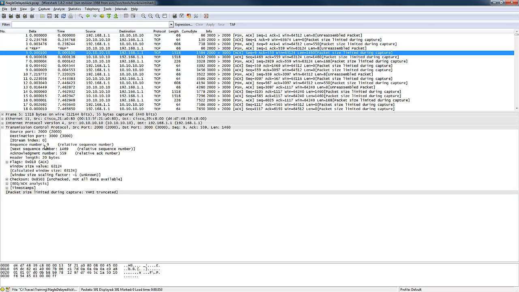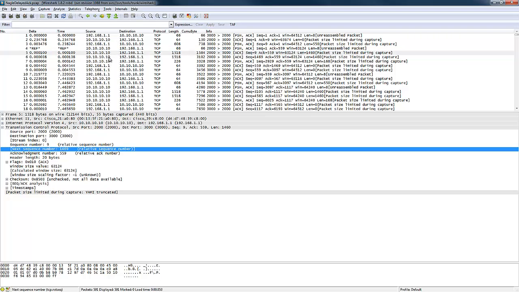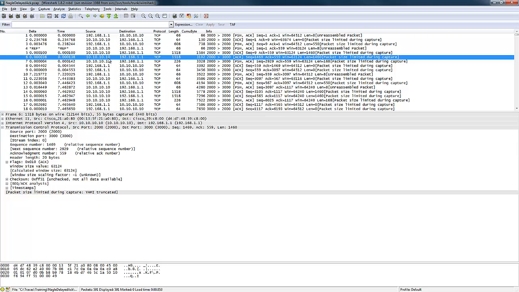Sure enough, sequence number starts with 9. I'm going to send 1460, so my current sequence number plus the TCP length gives me the next expected sequence number of 1469. And when we go to the next packet, the third packet here in the packet train starts with 1469, another full size of 1460, which gives me the next expected sequence number of 2929.